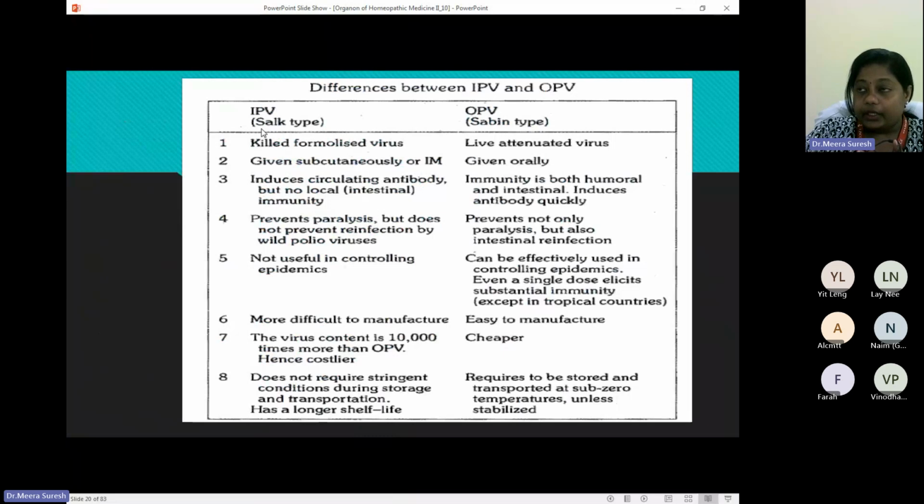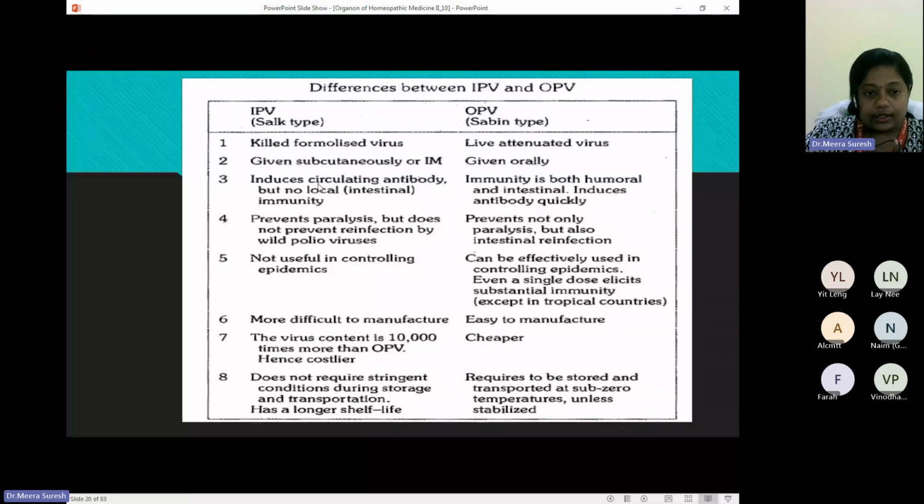IPV, which is injected, is the killed vaccine, but OPV is the live attenuated virus. Live attenuated, as I told you, means the virus will be alive but very weak. IPV is given as an injection subcutaneously or intramuscularly, but OPV is usually given as a drop via the mouth.